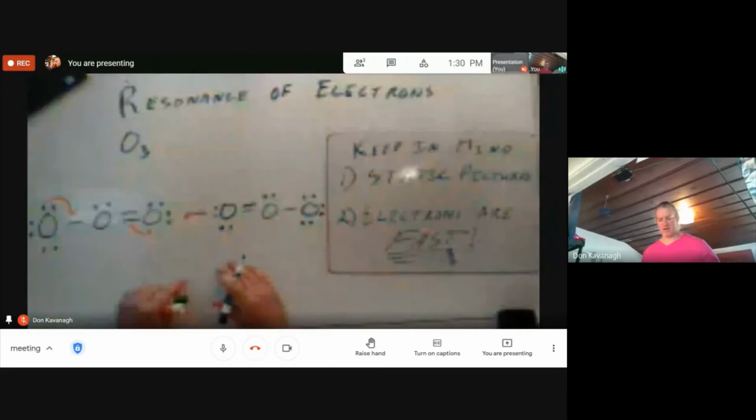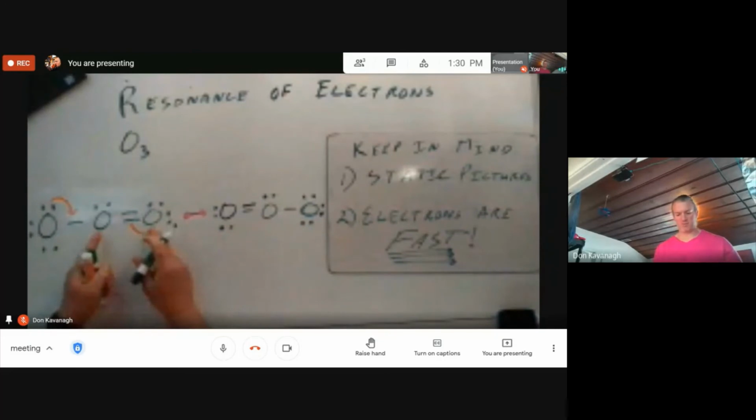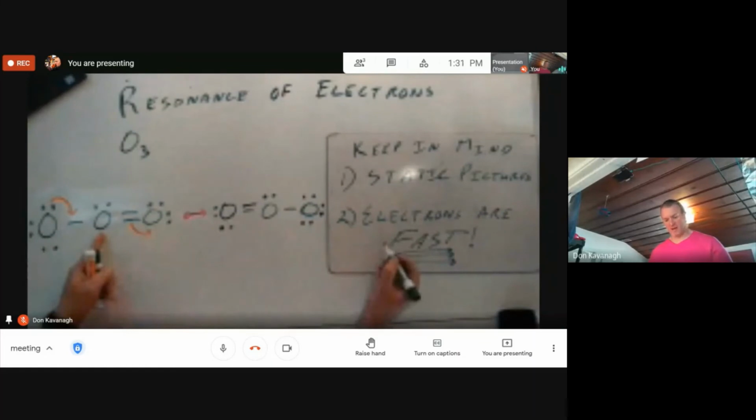Now, when we do that, we see that the distance between the nuclei is even for both of these bond distances here. Because those nuclei are an equal distance from each other, that means that the electrons are moving faster than X-ray crystallography can image the molecule.